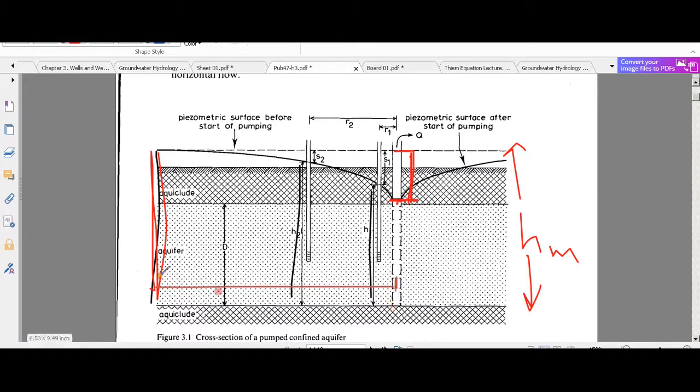You can find at what particular radius r you are getting this drawdown of 0, right? Because the only thing is that you don't know anything about the wells. They have not mentioned anything about the observation well. You don't know this one, but they have given you the height up to the water level of the well, because this guy is the well, right?